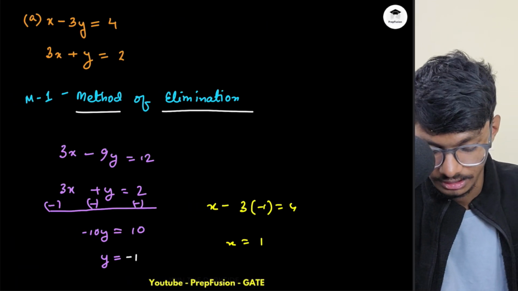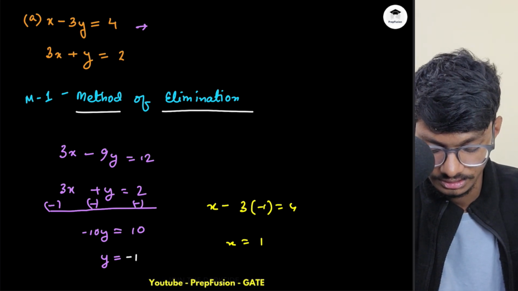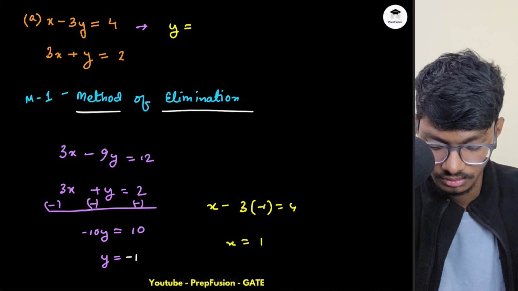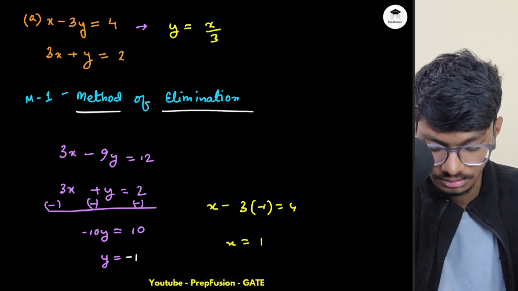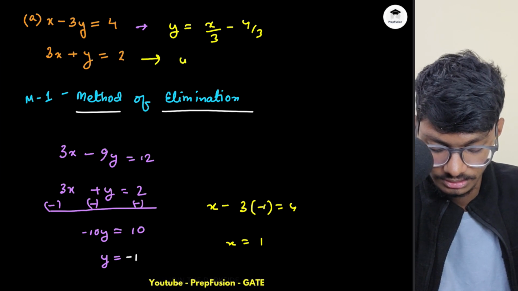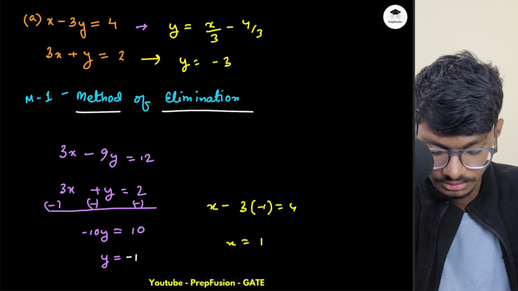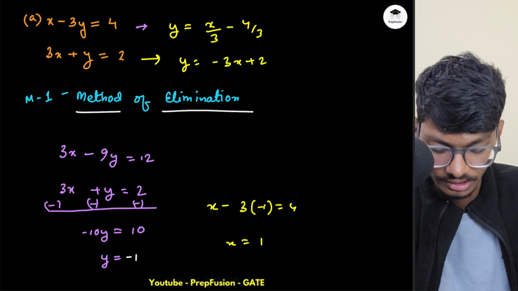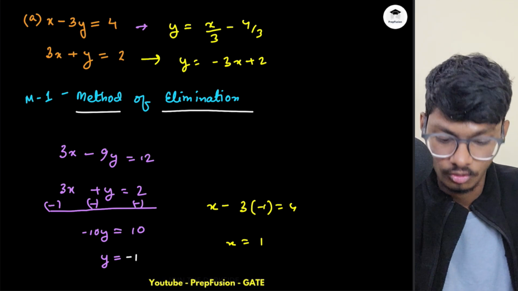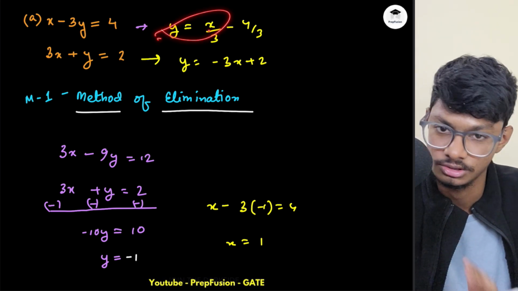Why? Let me write this in standard format. The first will be y equals x by 3 minus 4 by 3, and the other will be y equals minus 3x plus 2. Here the signs of the coefficients of x and y are the same, hence the slope will be positive.